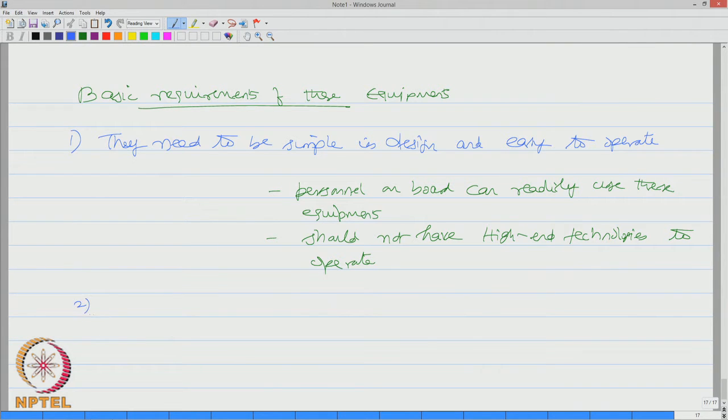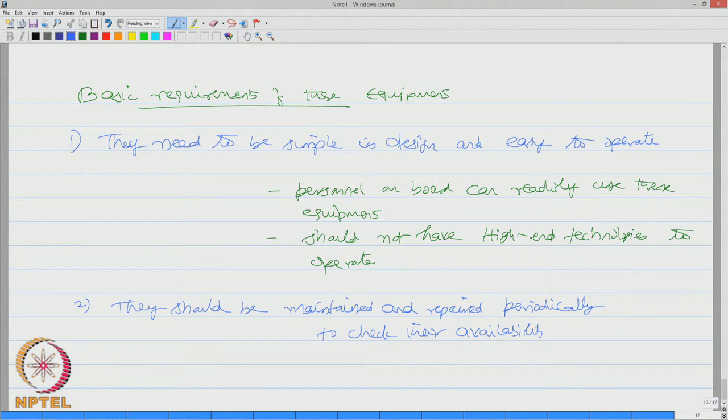Second, they should be maintained and repaired periodically to check their availability on demand.